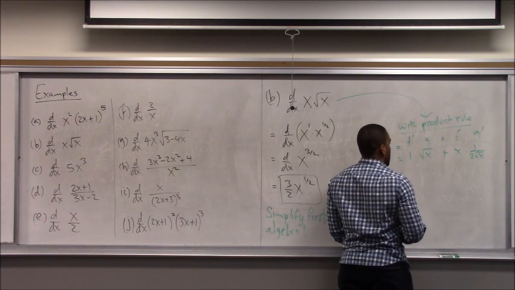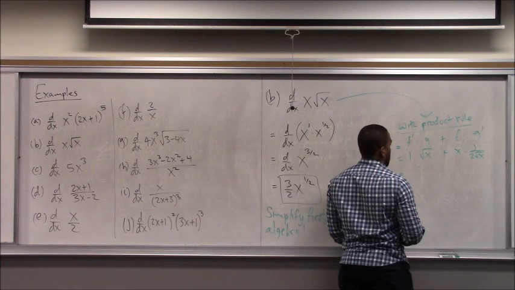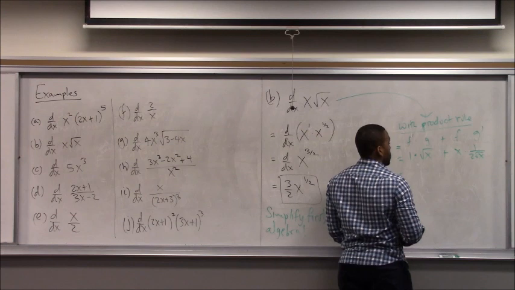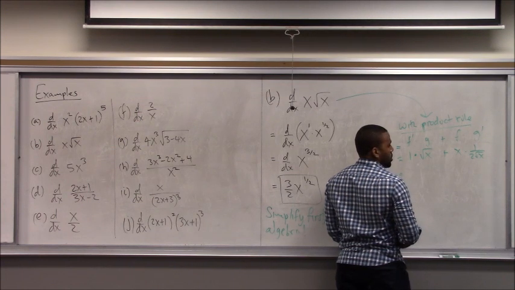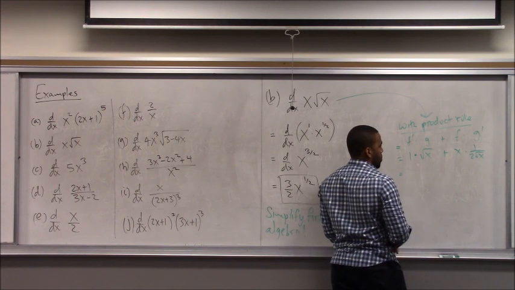So it's going to be 3x over 2 square root x. How did you get that?